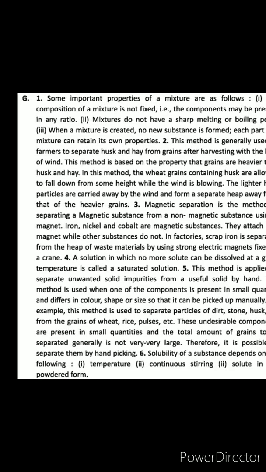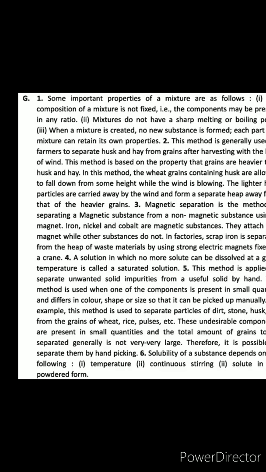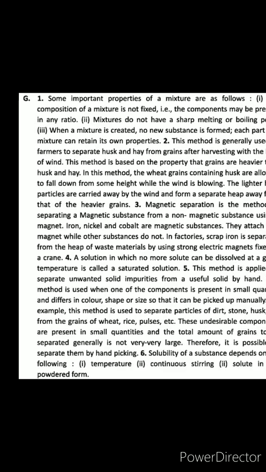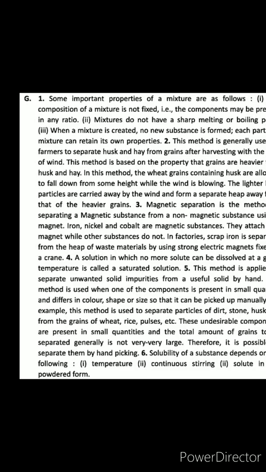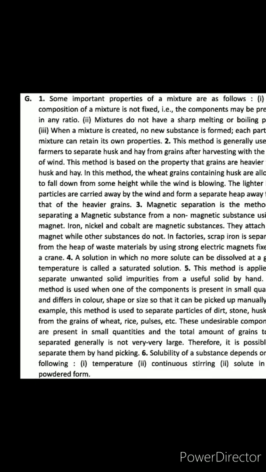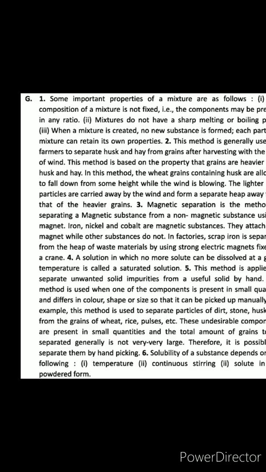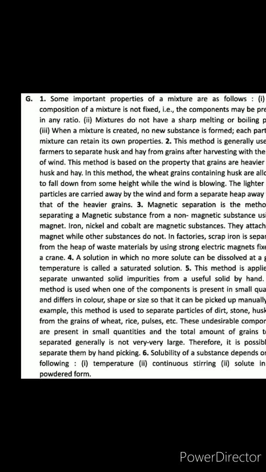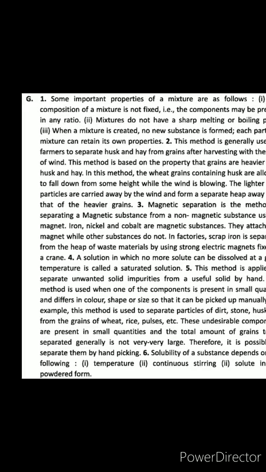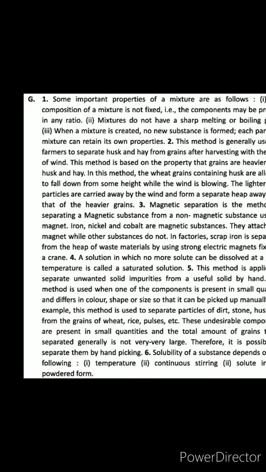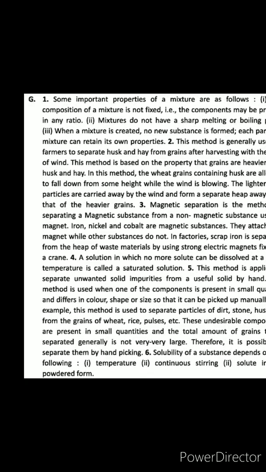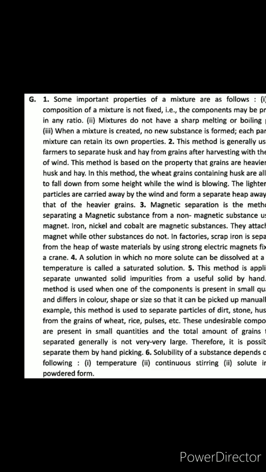These three things mainly matter. First one is temperature. If temperature is more, solubility will be more. Continuous stirring, we have to mix it continuously, then it will mix quickly. Next one, solute in the powdered form. If the solute is in powder form, that also will mix very quickly.